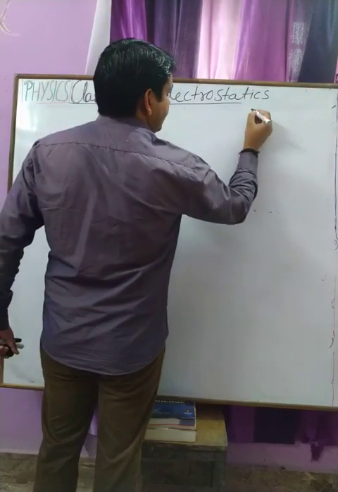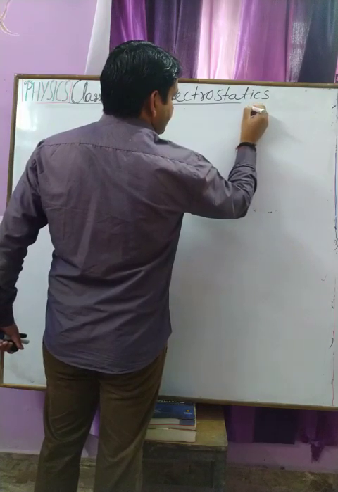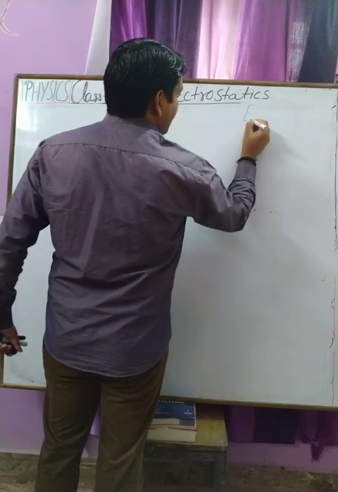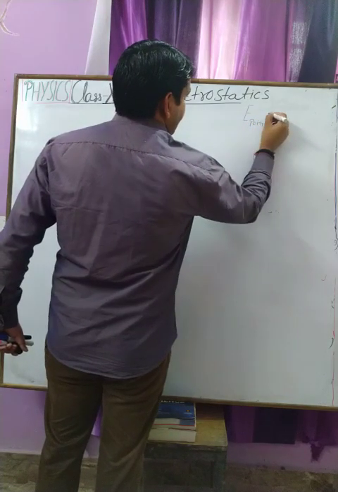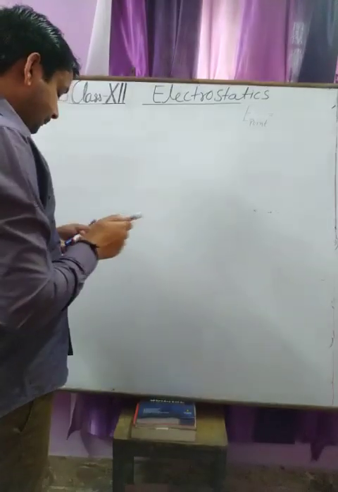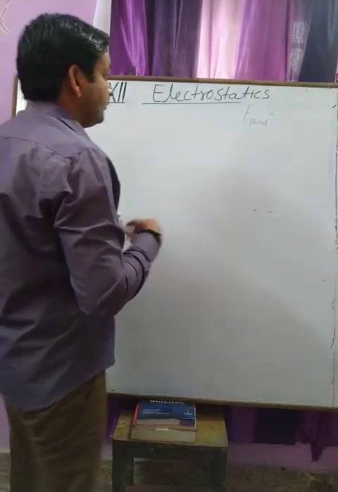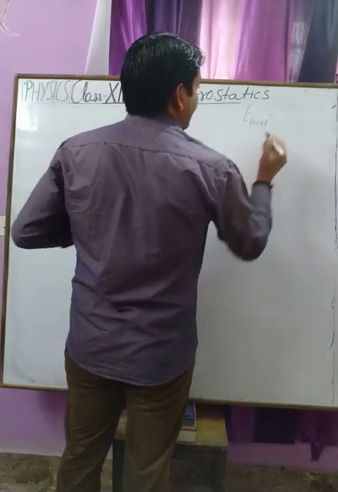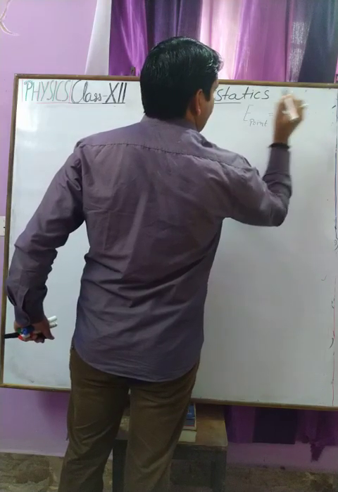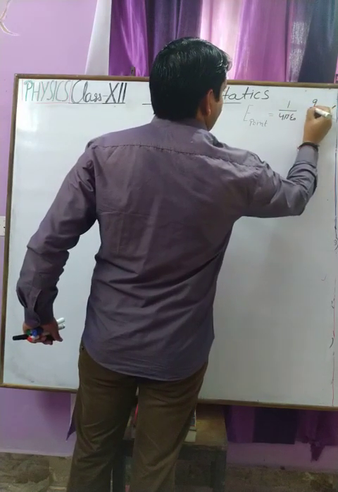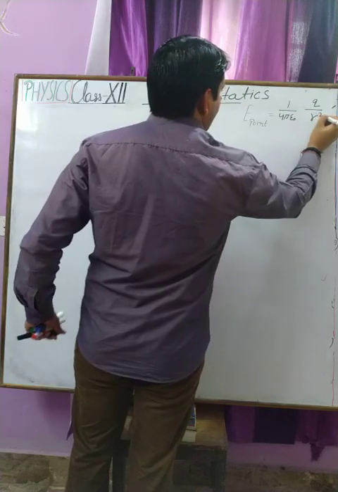One is electric field due to a point charge. This formula is one upon 4 pi epsilon naught Q upon R square.